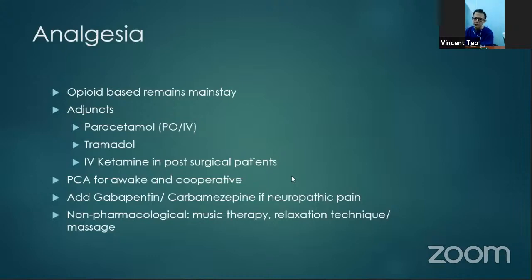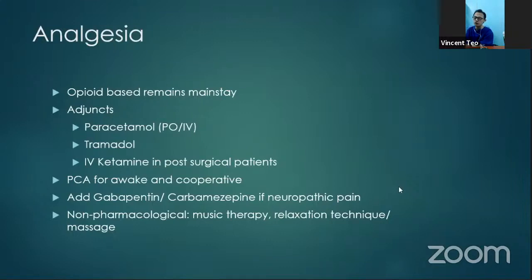Based on the PADIS guideline and the ICU protocol, other adjuncts are actively encouraged, although the evidence is not very strong. Commonly used would be paracetamol, tramadol, and in certain patients, you might want to consider gabapentin for neuropathic pain, or, if the patient is conscious and obeys commands, the use of PCA.